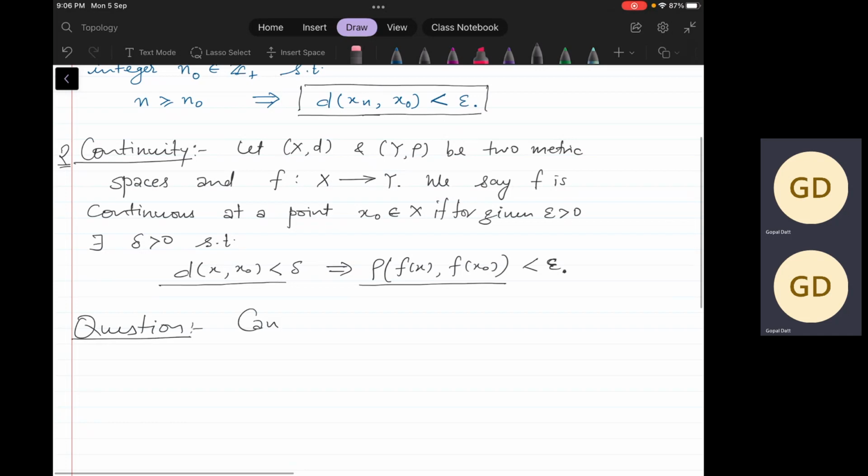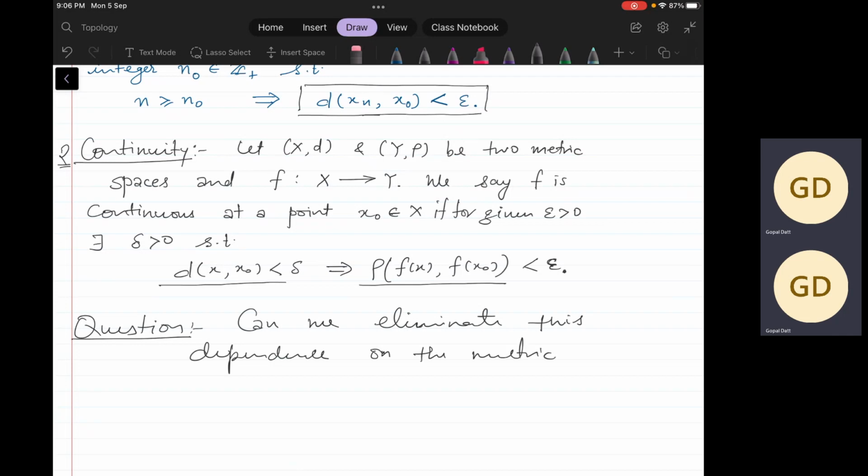Can we somehow eliminate this dependence on the metric in these two definitions?